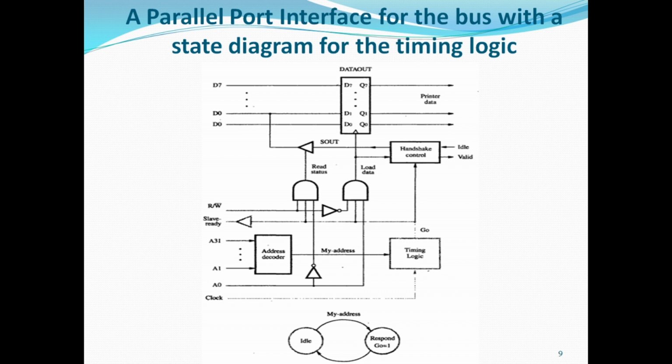When the output of the address decoder shows that this interface is being addressed, the machine changes to the response state. As a result, it asserts G0, which in turn asserts either load data or read status, depending on the address bit A0 and the status of the read/write line.